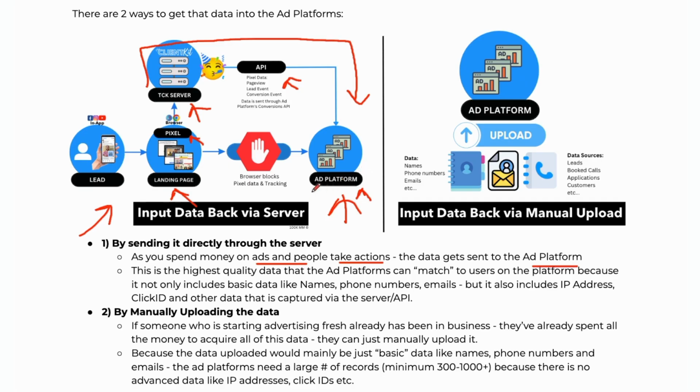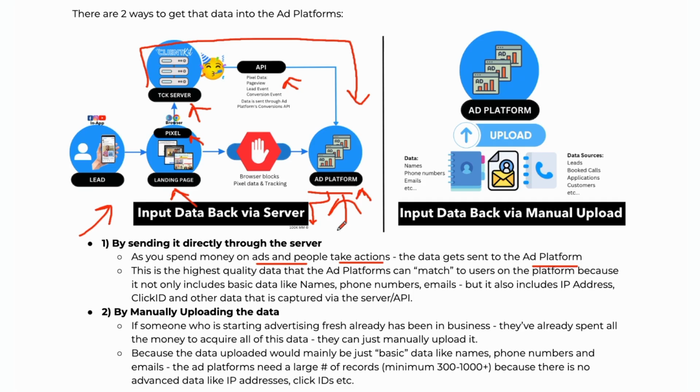Because what they're doing is these ad platforms are having to match what that data looks like to which users, right? So they're matching them to certain Facebook accounts, certain Instagram accounts, or in Google's case, they're matching them to certain Gmail addresses, YouTube users, all that kind of stuff, right? So the more data that they have, right? Email addresses, phone numbers, names, but hey, somebody might have a similar email address or a similar name, right?